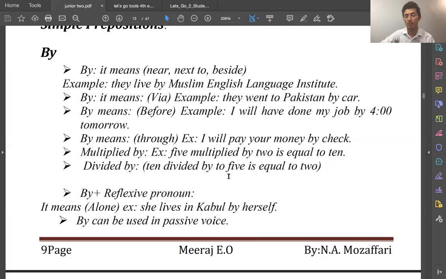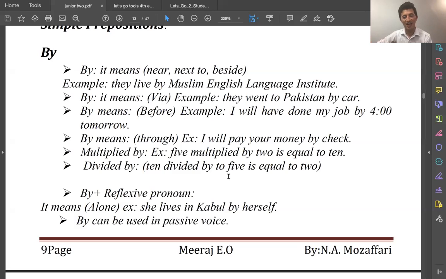I just made these examples. Yes, you should know that. We are not studying math, but we have to practice that.